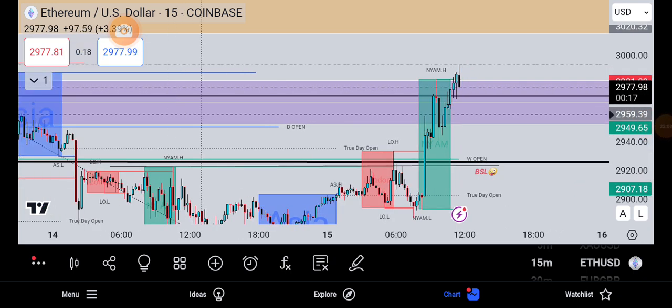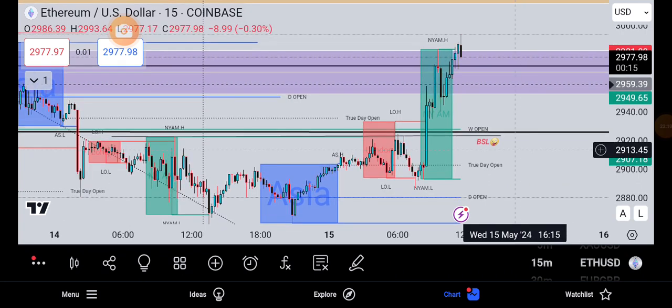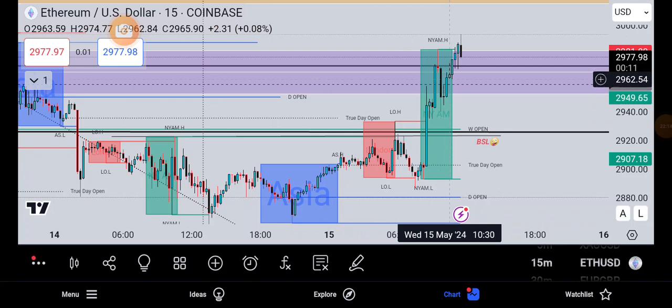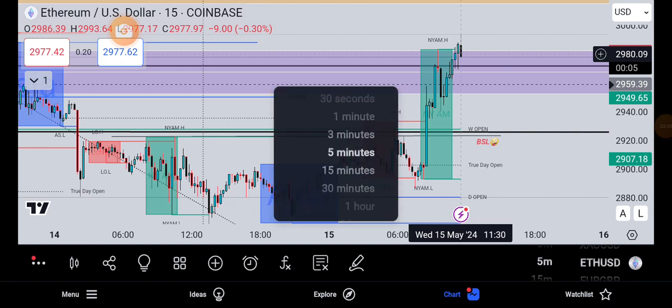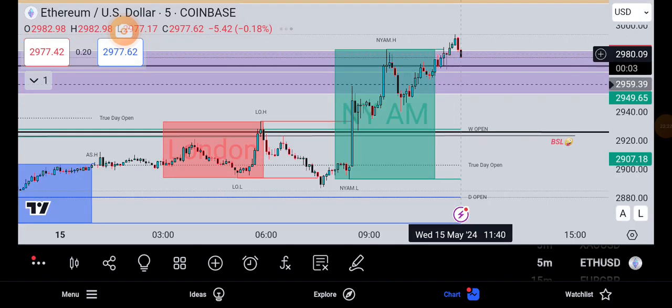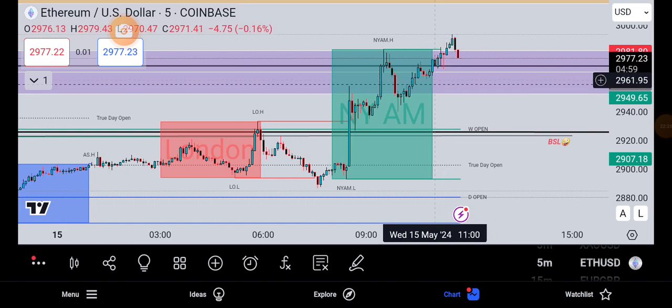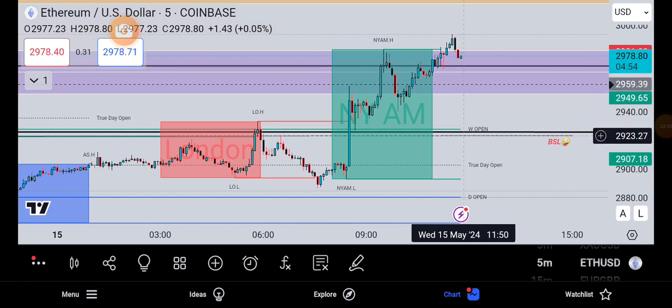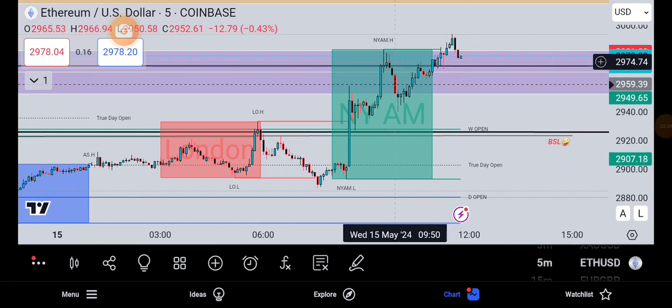Right, so guys, it's past our New York kill zone, and what we've seen is we had this shallow drop here. Again, we had this rally higher, so I was personally waiting for this 15 minute low. That's why I had my alert here. I was waiting for this 15 minute low to be taken, then maybe a rally lower, but that has not yet happened.